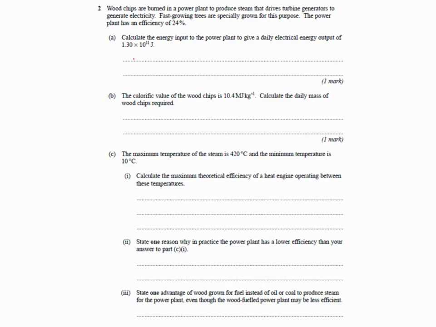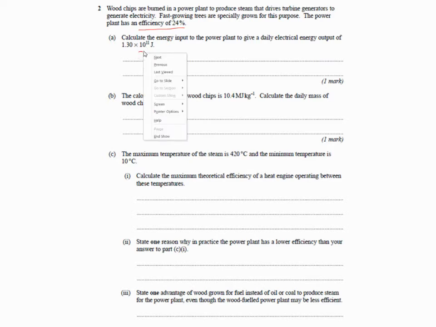In question 2a, it says calculate the energy input to the power plant to give a daily electrical energy output of 1.3 times 10 to the 11 joules. So we know that the efficiency is 0.24 or 24%.